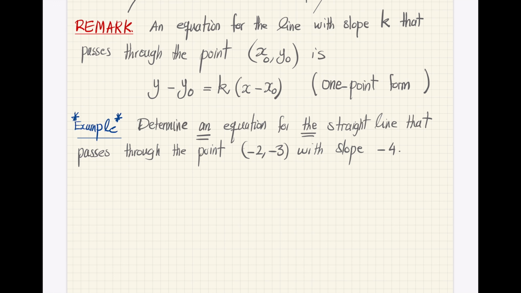Harder problems are those where these two pieces of information are not given to you directly. You need to work to extract these pieces of information from the problem. As soon as you have them, you have the formula, replace them, and then you are done.